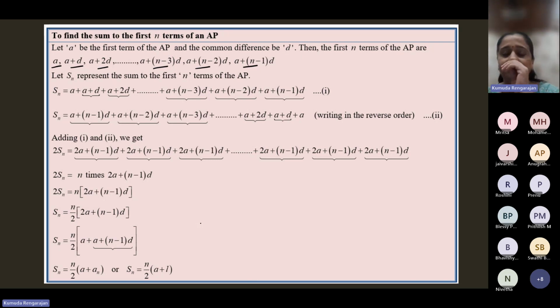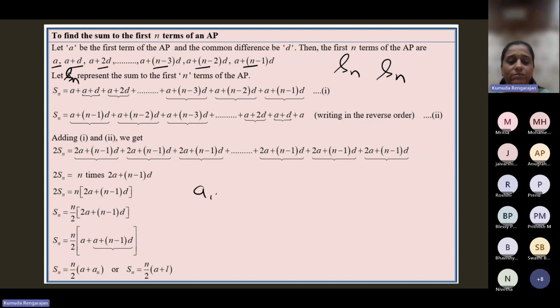Now we have to find the sum of all these n terms. So let Sn represent the sum of the first n terms of the AP.